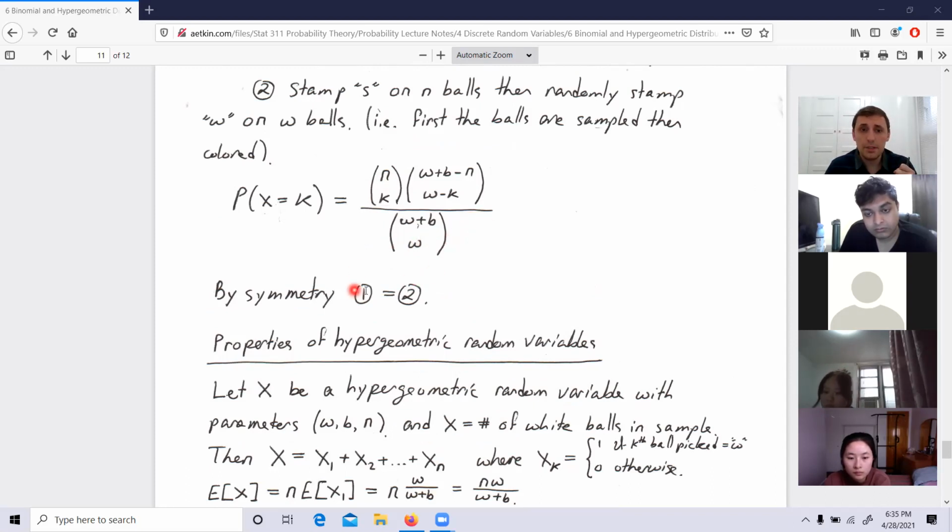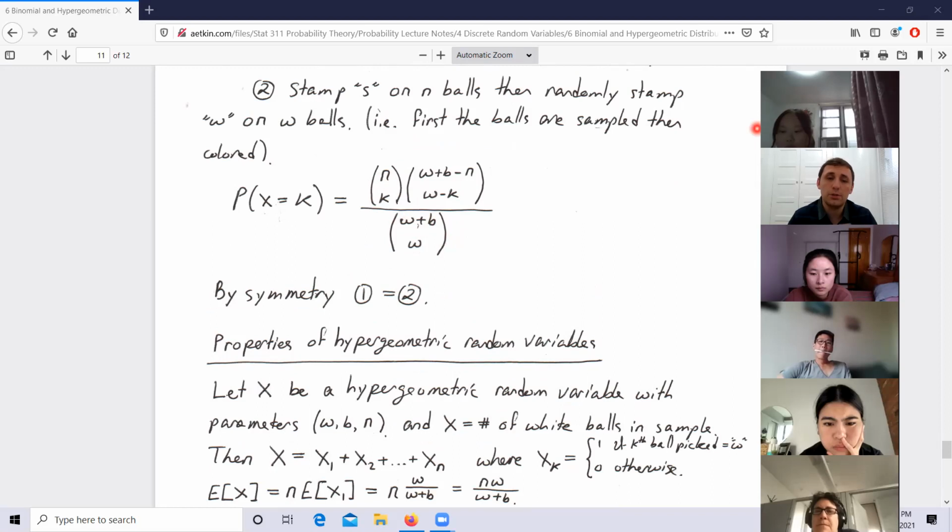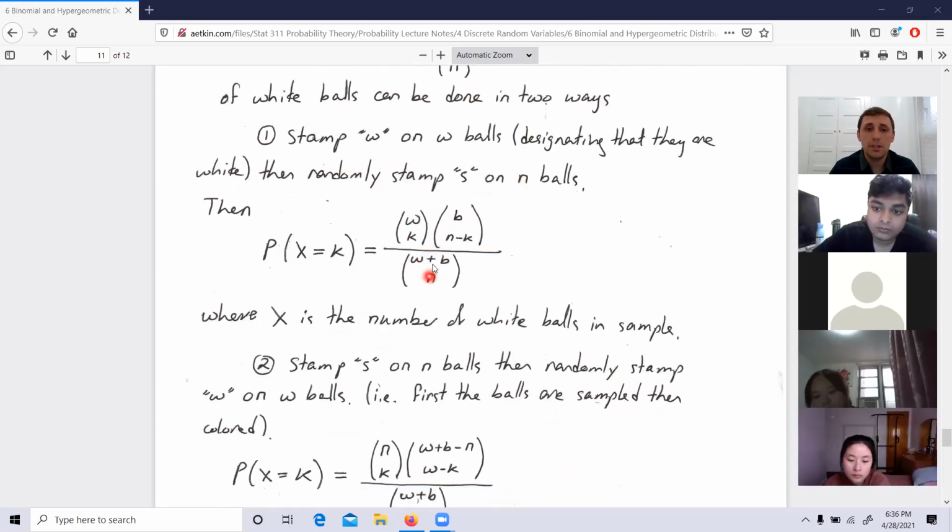Yes, so by symmetry, 1 and 2 are the same. Do you see, guys? Here, W plus B choose W. Do you understand why in the denominator W plus B choose W? Let me see if you understand. Could you tell me in the denominator, guys, why W plus B choose W? You see, before it was W plus B choose N. Do you see that there's a difference?